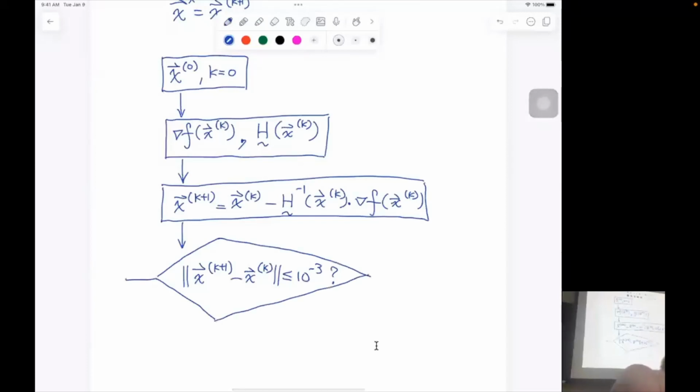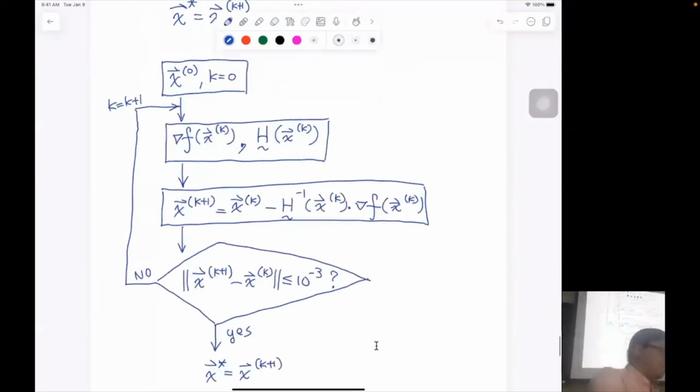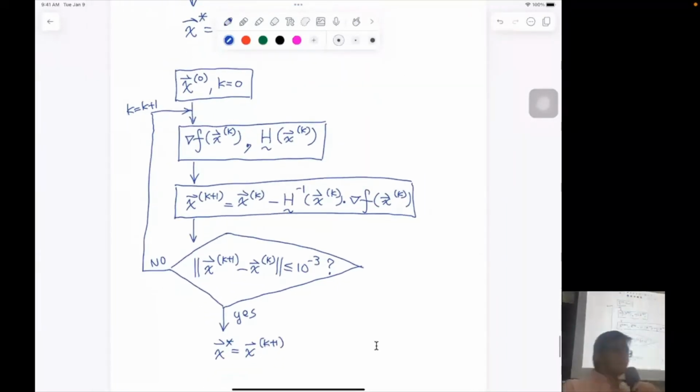Okay, if not converged, go up to here, the redesign process. If yes, this is no, this is yes, then your optimal is your last one. That's the general procedure. Okay?